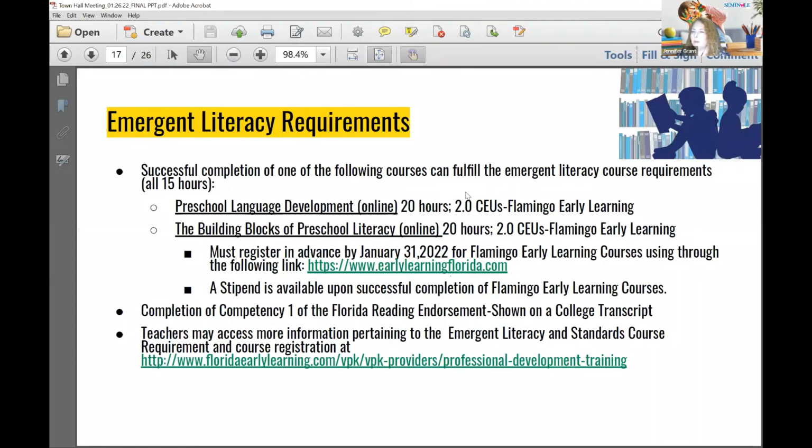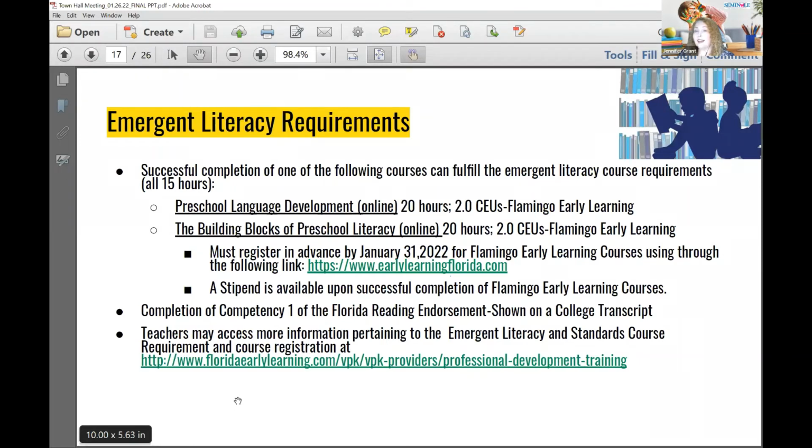So there's that language development online 20 hours, and that's still being offered by Flamingo Early Learning. That's our friends at UF. They're now calling it Flamingo Early Learning. And the building blocks of preschool literacy, that's also a 20-hour course with CEUs. You do have to register in advance, and they are offering a stipend.